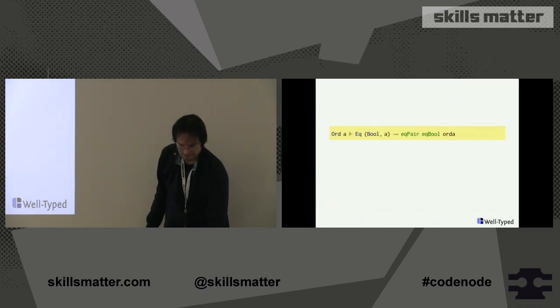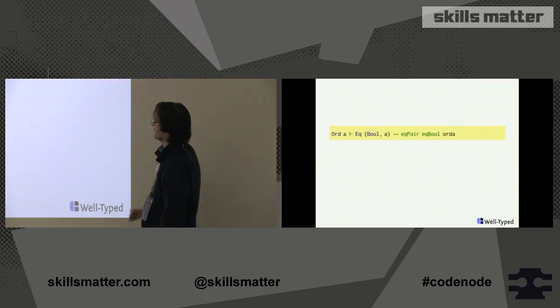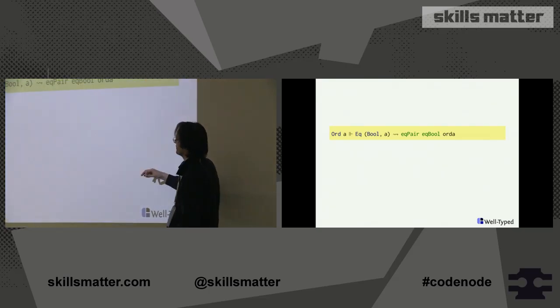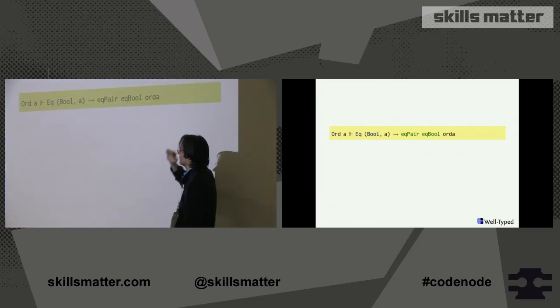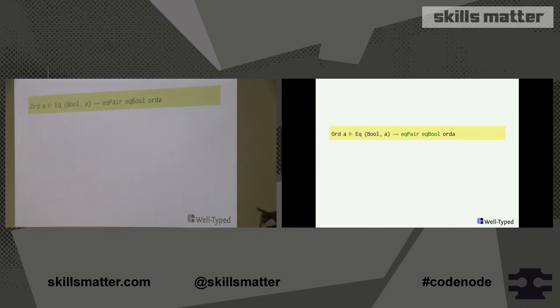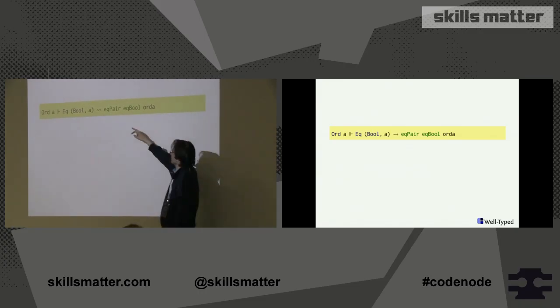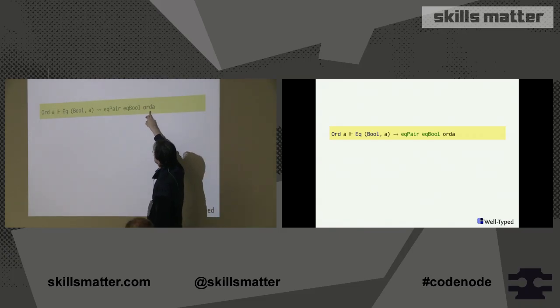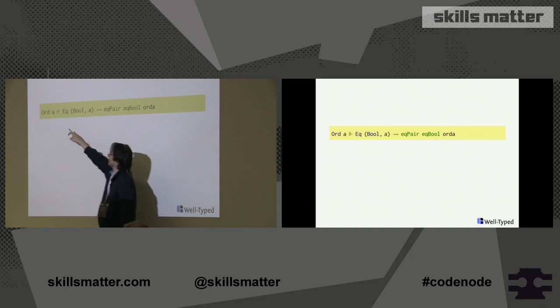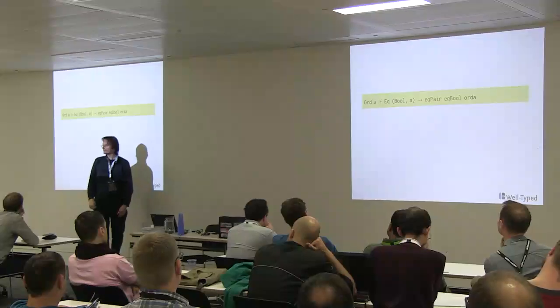Okay, so it can look more complicated, something like this. This is a derived statement you could get. From ORD A, you can derive EQ of a pair of Boolean and A by using EQ pair applied to EQ bool and the ORD A dictionary, which is exactly the assumption you can make because ORD A is mentioned here on the left-hand side.